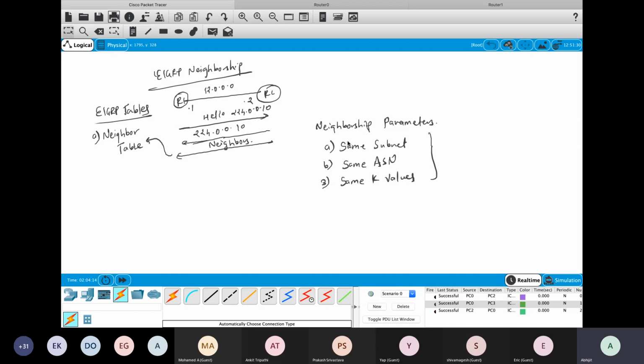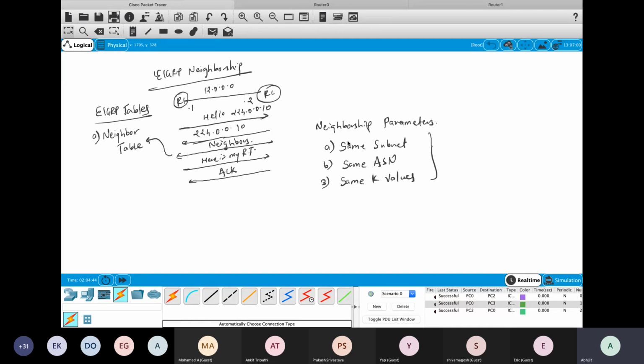Then after exchanging the EIGRP information here, what's going to happen is your router will then proceed with exchanging the routing table. After becoming neighbors, your R1 will say, here is my routing table. Do you understand that? And then R2 will acknowledge that exchange, saying, hey there, I have received your routing table.